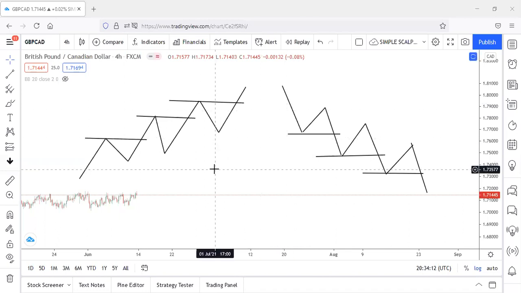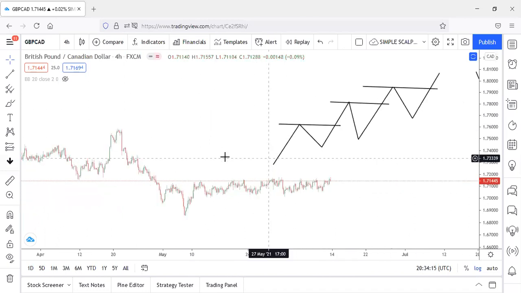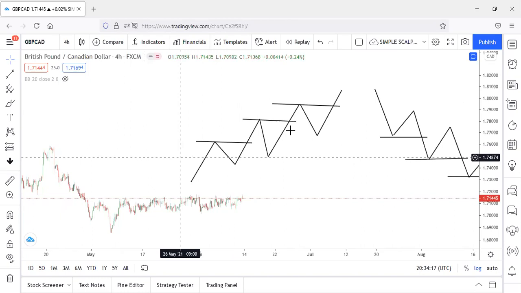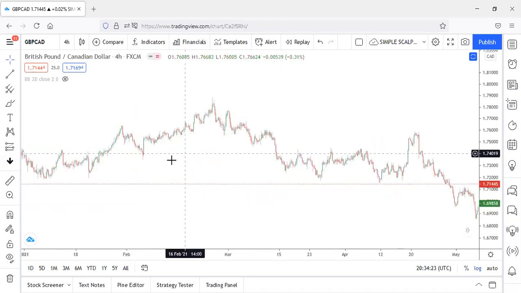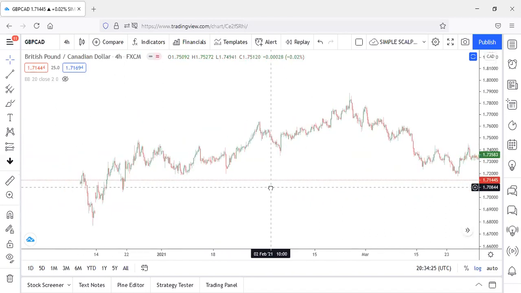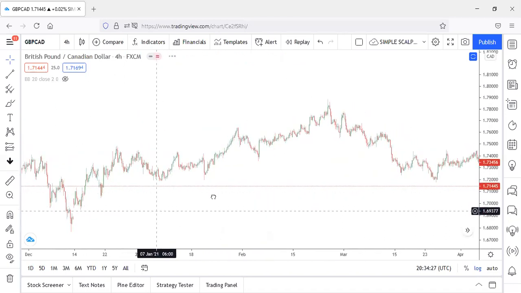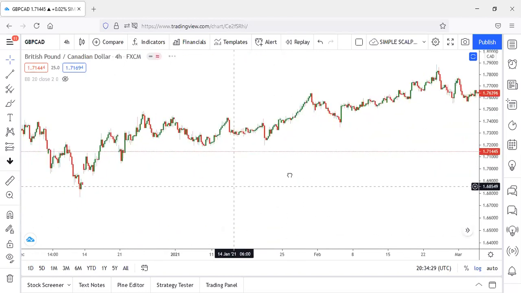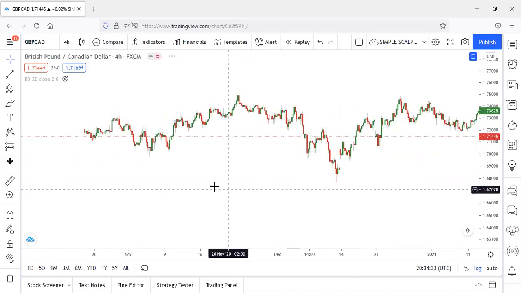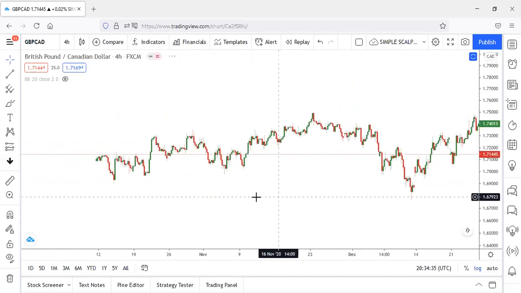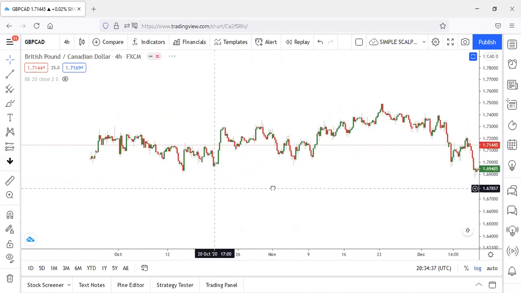So let's go into the charts. Can I just take this off? So let's look out for the case of an uptrend or downtrend. Okay. Let's look out for an uptrend first. I think I've seen a series of them, but let me try to look for a clearer one.